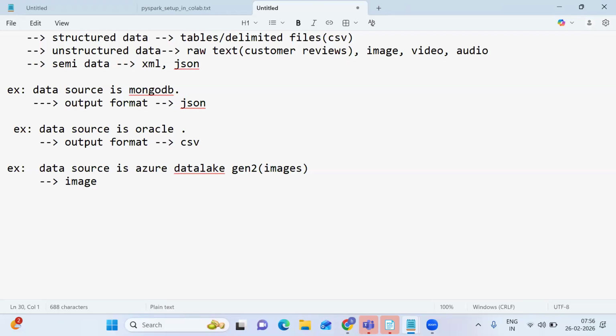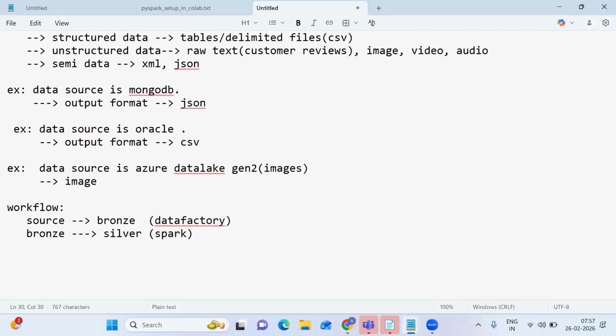So what is the general workflow style? Suppose source to bronze: here I will use Data Factory pipelines. Bronze is the intermediate, the raw data. Bronze to silver: here I use Spark to perform my transformations.